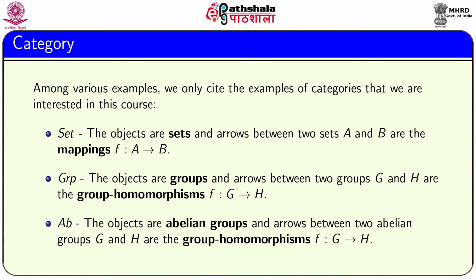In the second example, we take a category GRP, which has the objects as groups. Arrows or morphisms between 2 groups G and H are the group homomorphisms, and the composition is the usual composition of mappings.